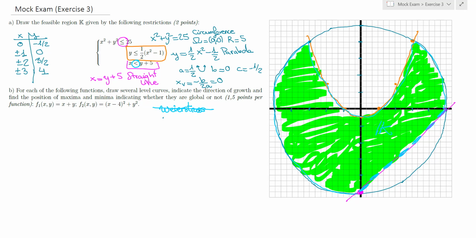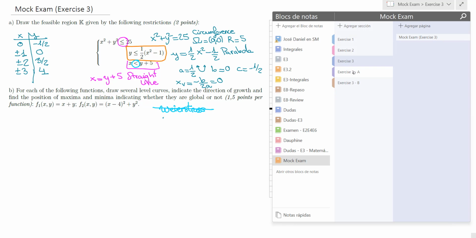It only means that we cannot guarantee it. So let's go with the first function, which is x plus y.